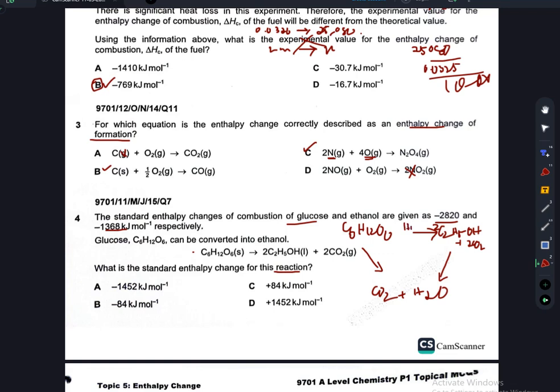We have to calculate the enthalpy change for this forward reaction, and what we have been given is the enthalpy change of combustion of ethanol along with the enthalpy change of combustion of glucose.